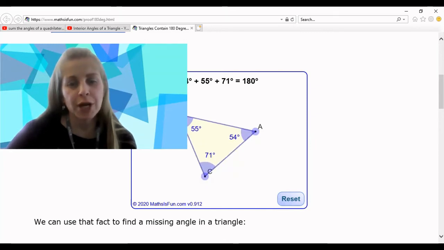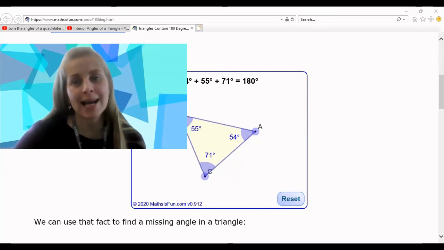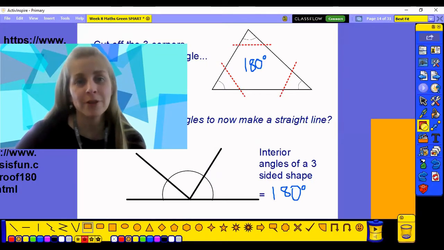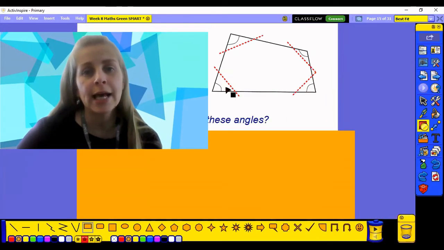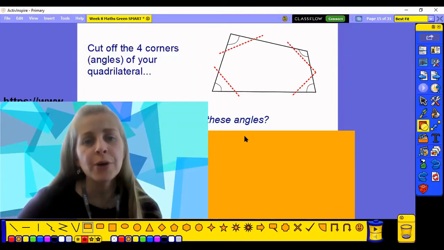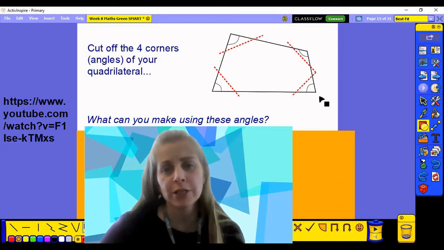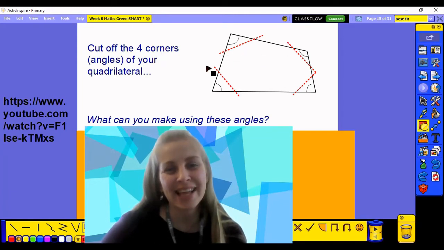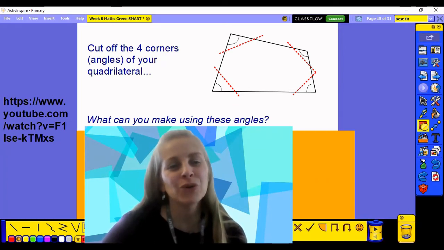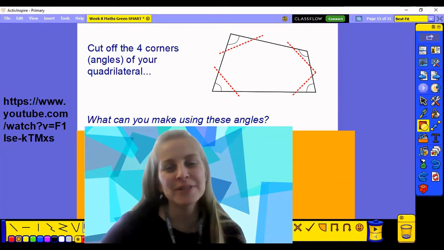Okay, so if we now go back and do a similar investigation, but this time we're thinking about a quadrilateral. What I'd like you to do with this quadrilateral, and make sure you've got straight sides, is cut off the corners, the vertices, and the angles from your quadrilateral, and see what you can make using these angles.